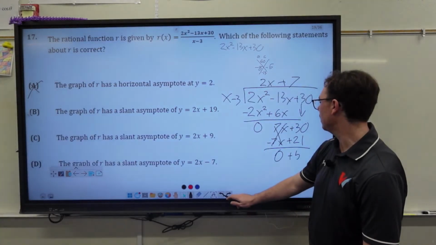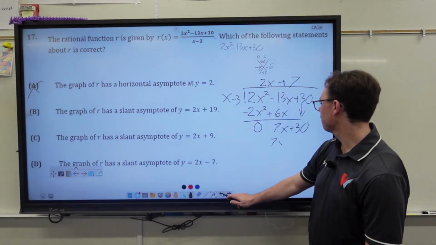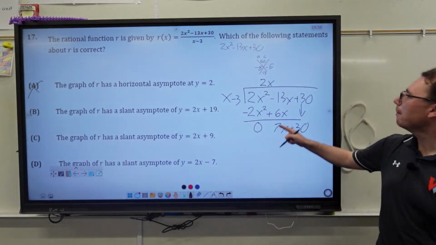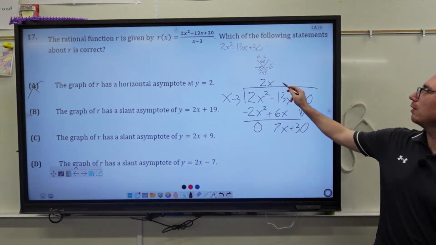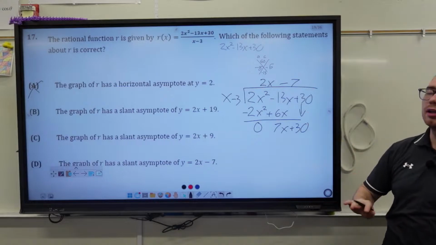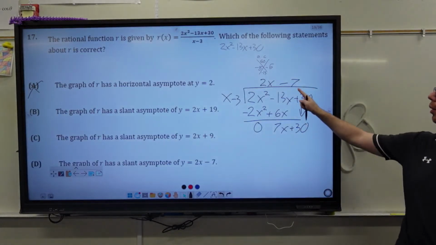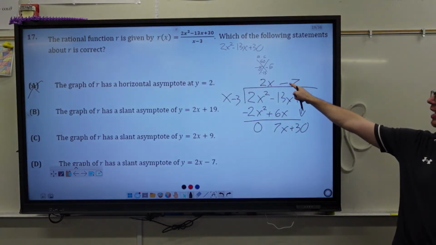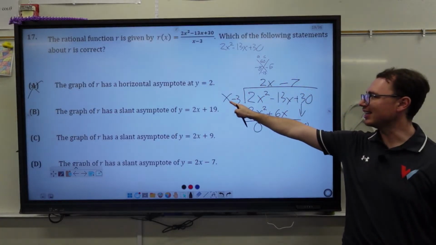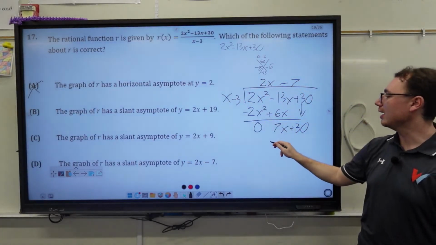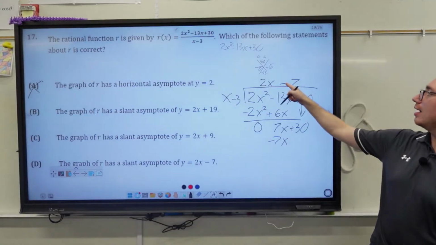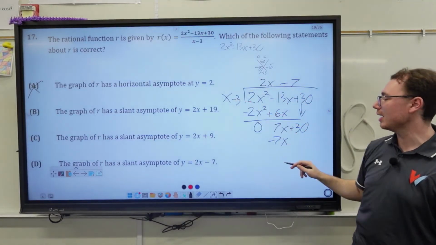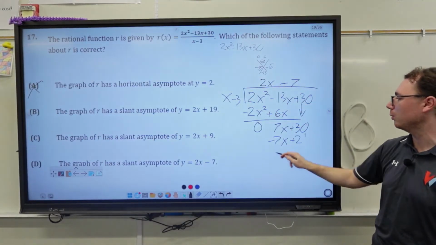Oh, for this here, I'm trying to multiply this value of -7. My apologies. We're multiplying this value of -7 to this x here so that we get -7x. -7 times -3 gives us +21.